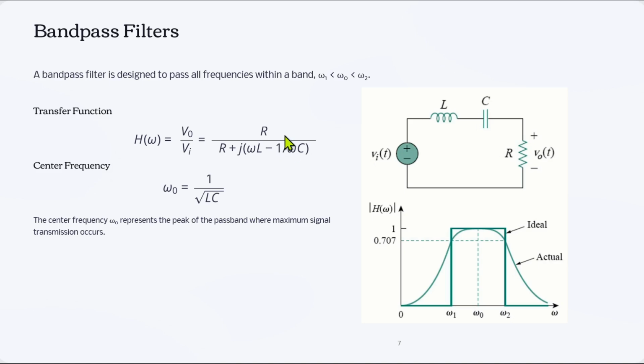The output is across the resistance, and the remaining overall impedance is R plus j omega L minus 1 by j omega C. The center frequency here is different from low pass and high pass filters. It is given by 1 by root over LC, as we already know. This is the function that we obtained in the case of resonating frequencies. So this is the center frequency, that means the value of omega naught.